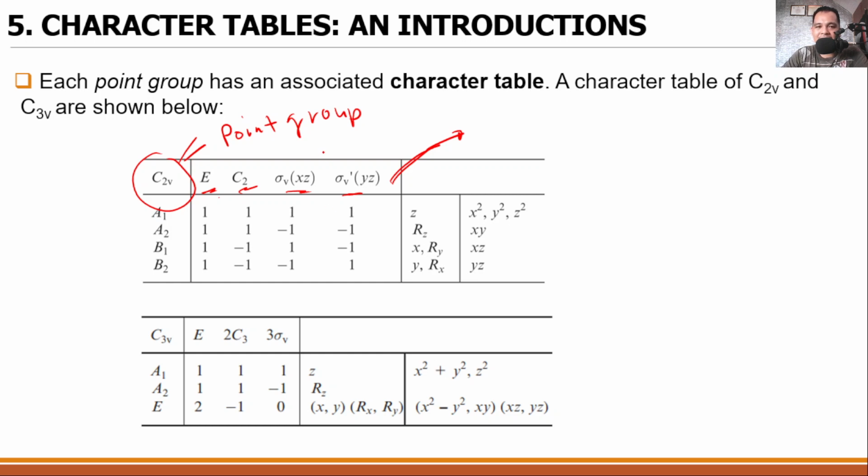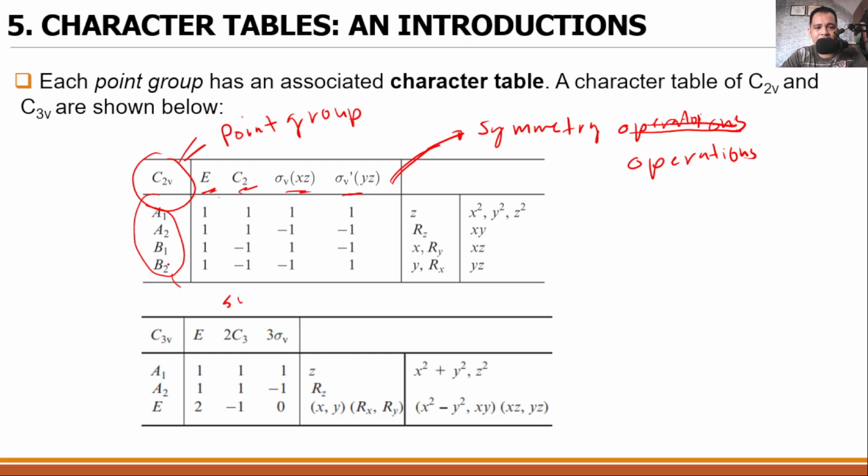These are the symmetry operations used for C2v.